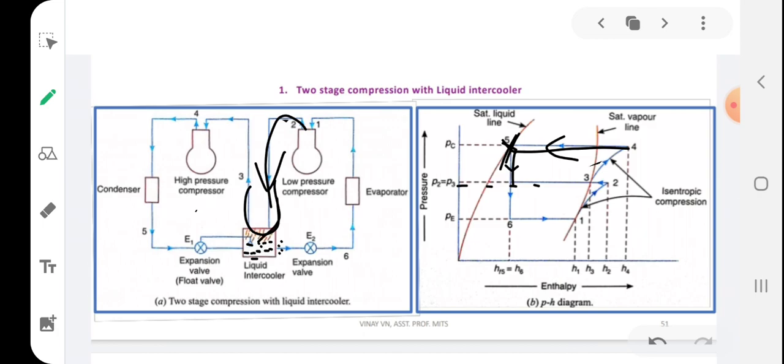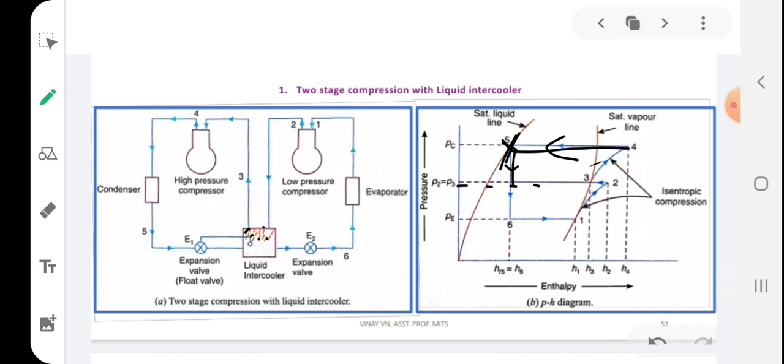After absorbing heat, some of this liquid will get evaporated. You can see some dots here; these are the evaporated liquid from the liquid intercooler.